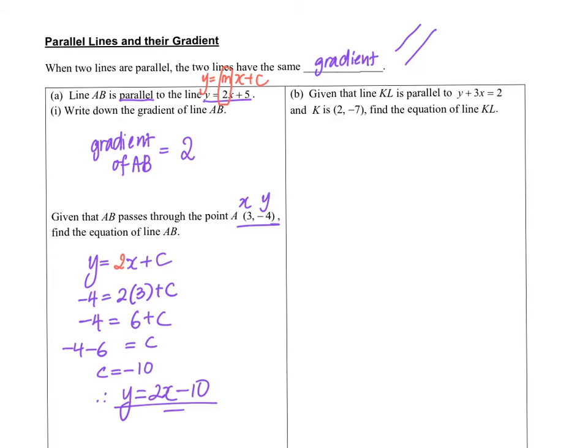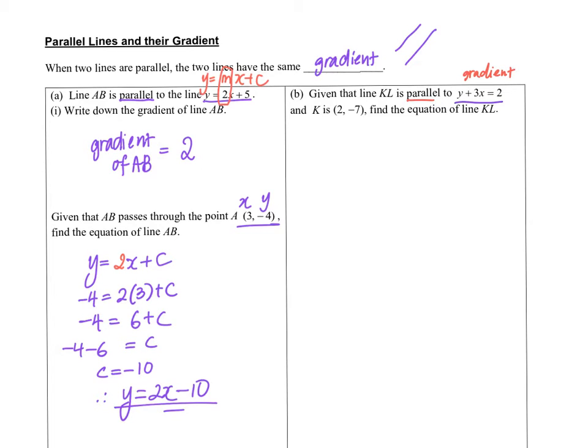Question B. The line KL is parallel to y plus 3x equals 2, and K is that particular point. So if I want to find the equation of KL, parallel means the gradient comes from this equation. How do I find the gradient?